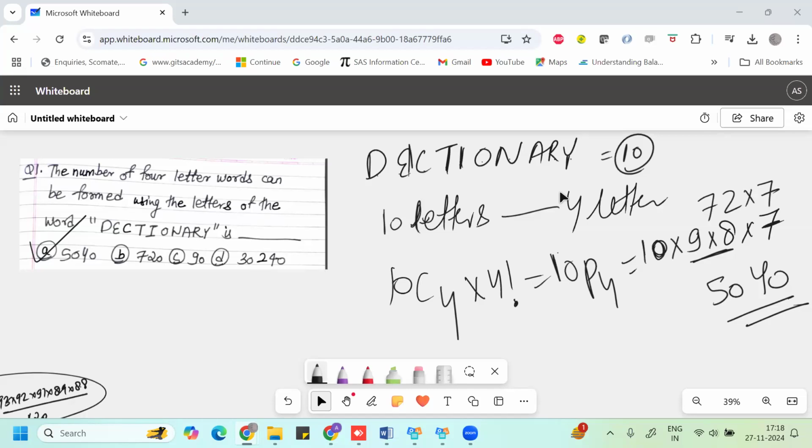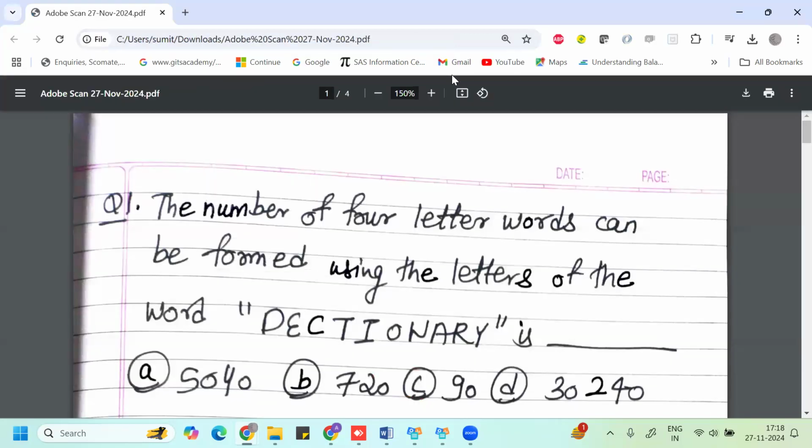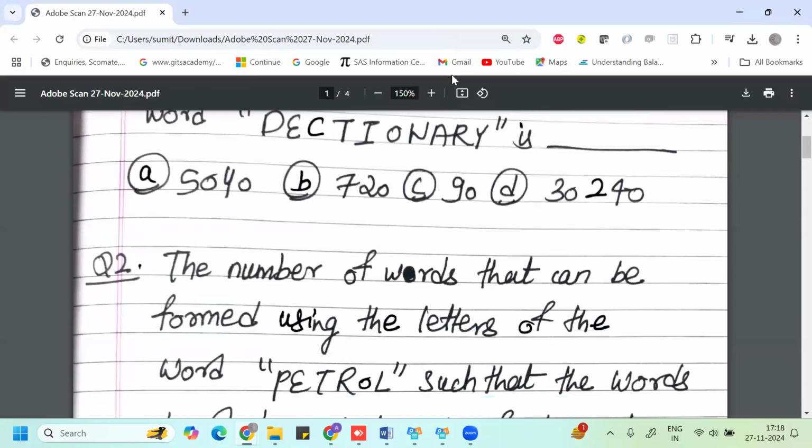Question number 1 clear with everyone? Any doubt, please ask me. Kavna, Ramya, Karthik, Harshita, Nand Kishore, Vans, Zaiba, any question? Clear, everyone? Can I go to the next question? Okay, guys, very good. Question number 2.